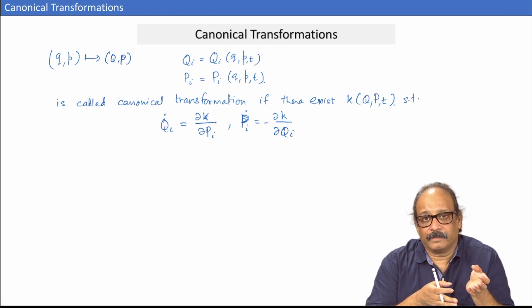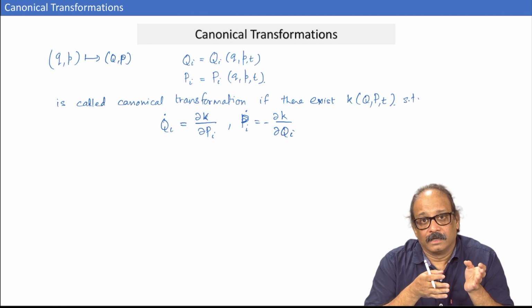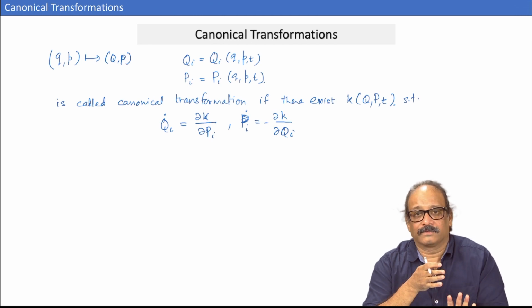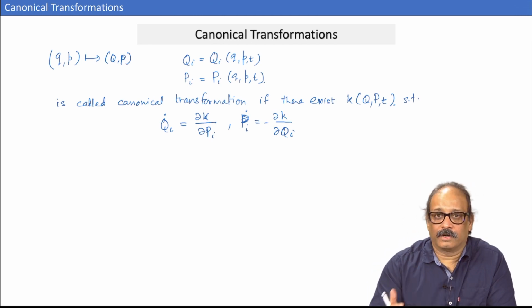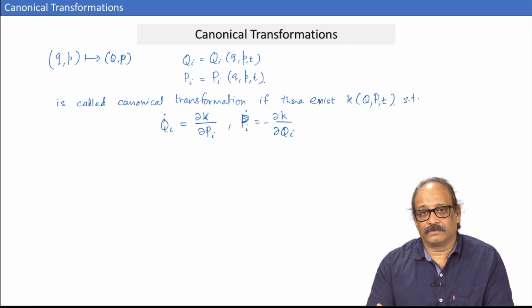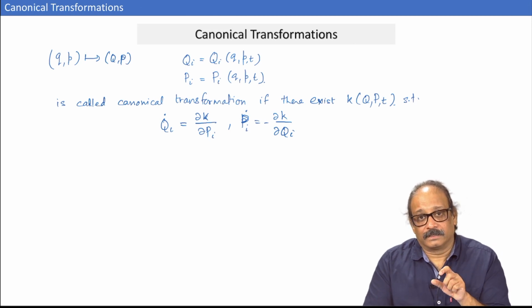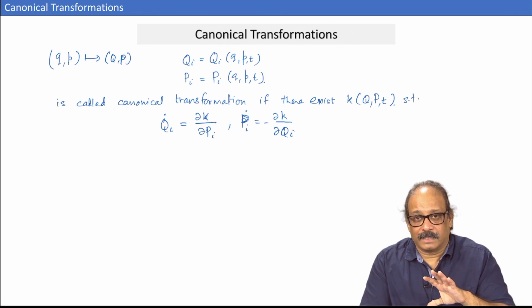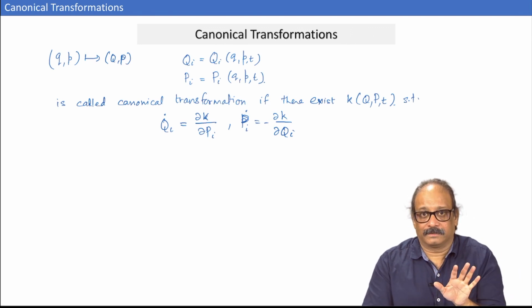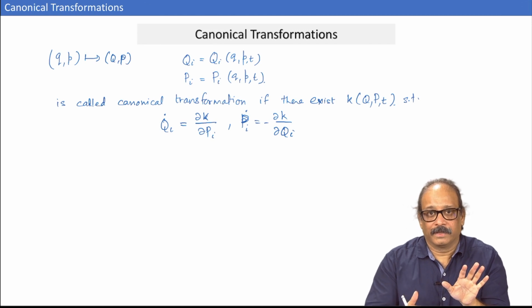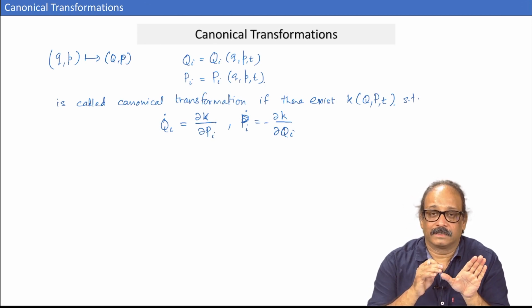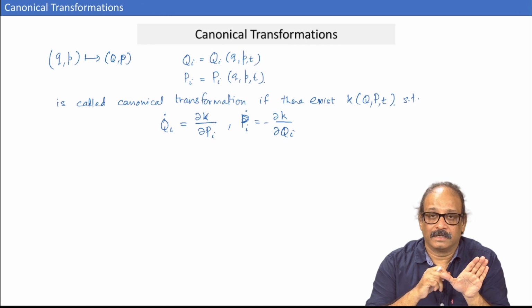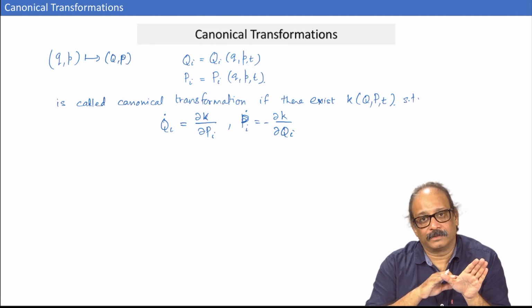In the case of Newtonian mechanics, you take your Cartesian coordinates x, y, you go to new coordinates r, theta, and the structure of the equation changes. But wait, there are specific transformations which are called orthogonal transformations. That means you merely rotate the coordinate frame and what you get is a new Cartesian frame. That means new x prime and new y prime are still perpendicular to each other.